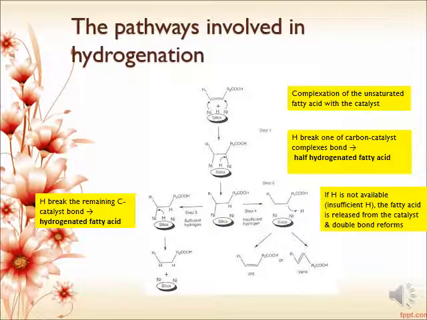So this is the mechanism involved in hydrogenation. First of all, the complexation of the unsaturated fatty acid with the nickel catalyst. So this is the complexation, with the nickel catalyst here.